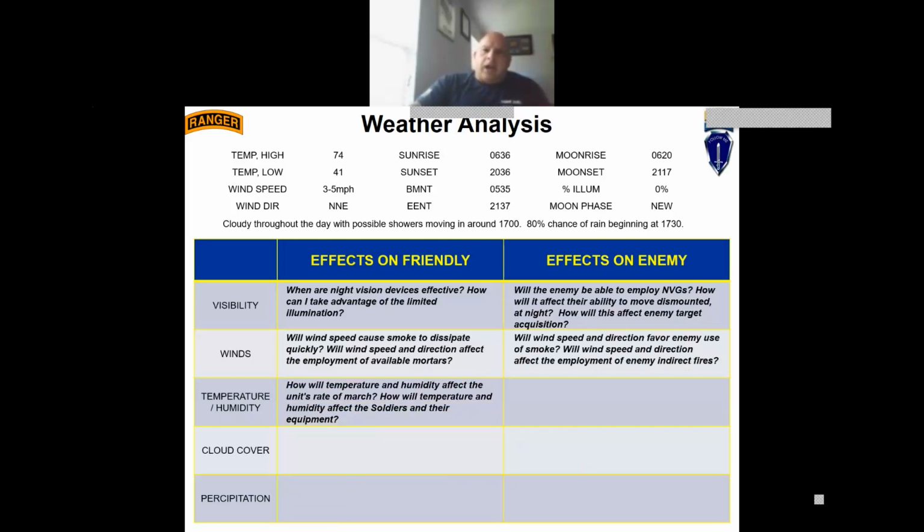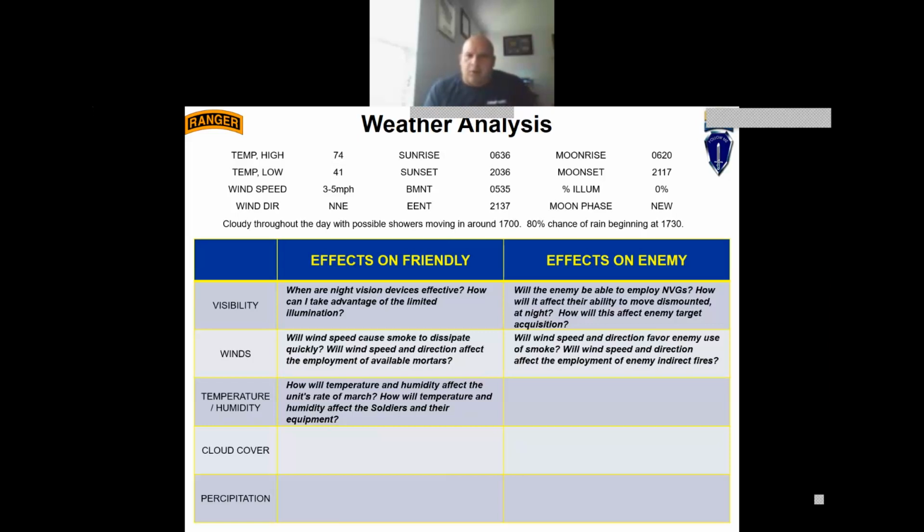Okay, someone look up top. You see the humidity. How will the temperature and humidity affect your unit's rate of march, and how will the temperature and humidity affect the soldiers and their equipment? You guys see that, right?